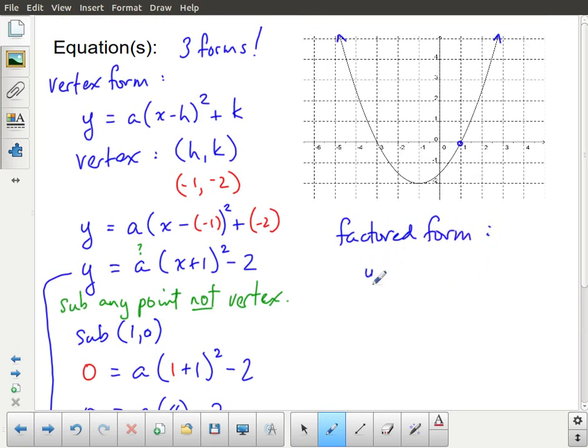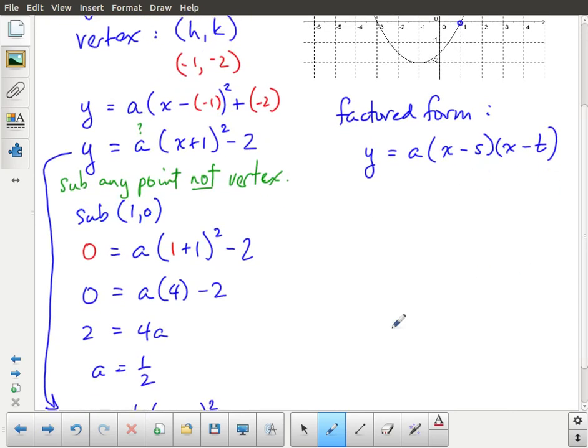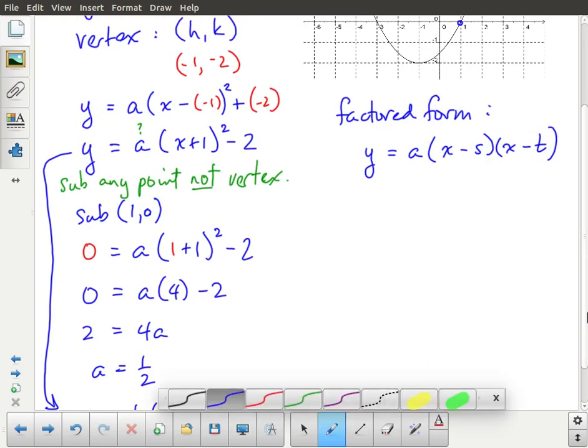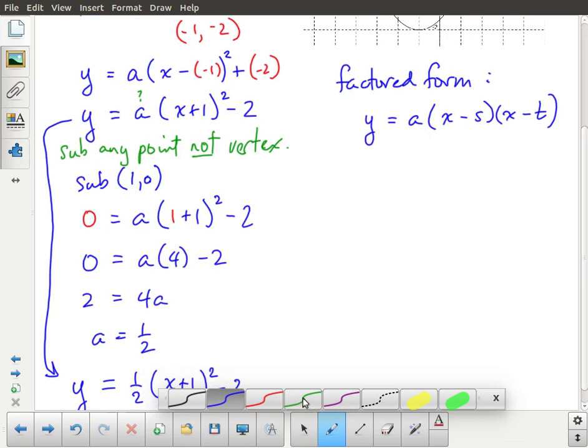And that is written in the form y equals a(x minus s)(x minus t). And factored form, I'll use a color here.